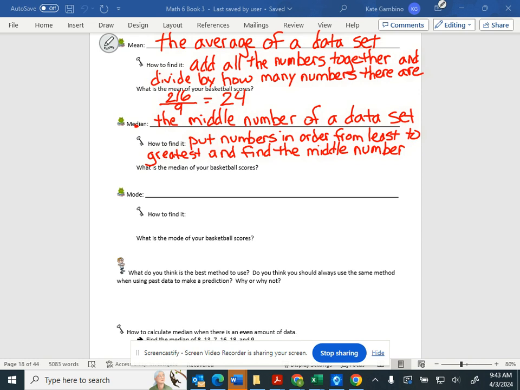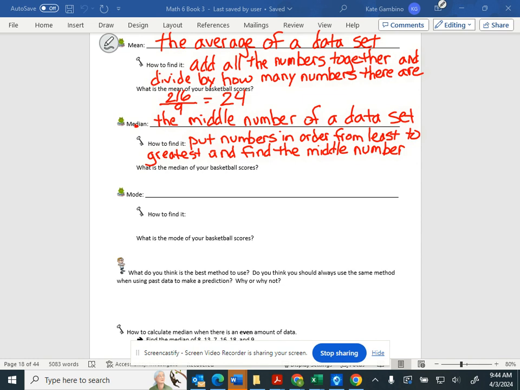So that means we add them together and divide by 2. We can't have two medians. There can always only be one. So if it's an odd set of numbers, like our basketball games, there's going to be one number that's in the middle. If there's an even set of numbers, you're going to have two numbers in the middle. So you have to add the middle two together, divide by 2. Find the mean of those two middle numbers.